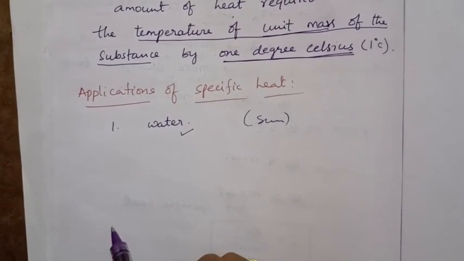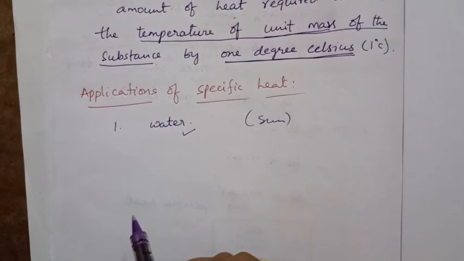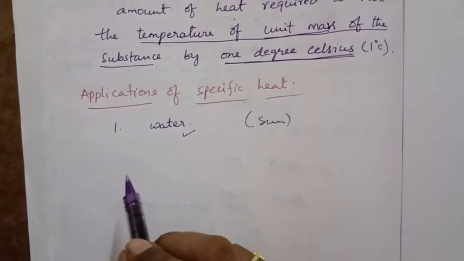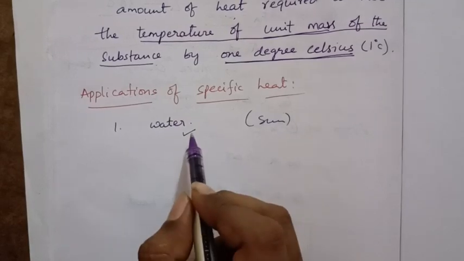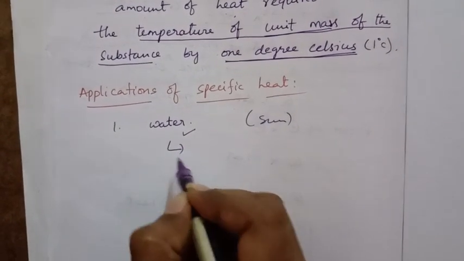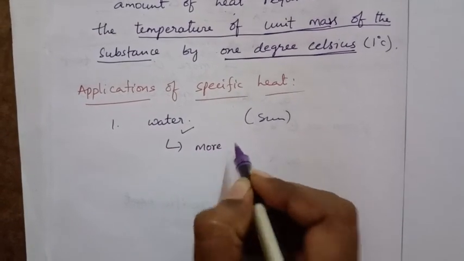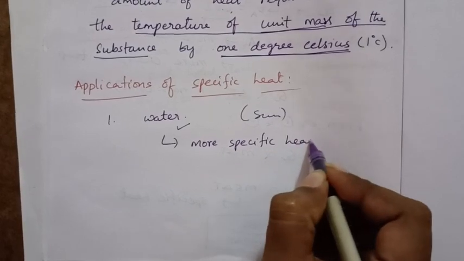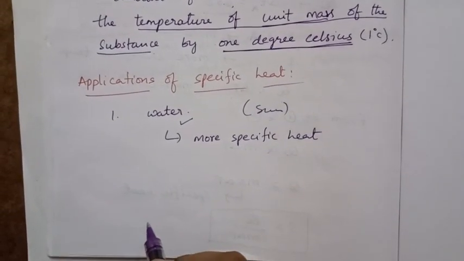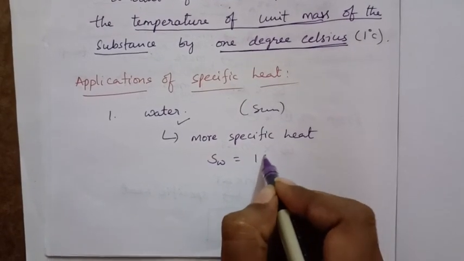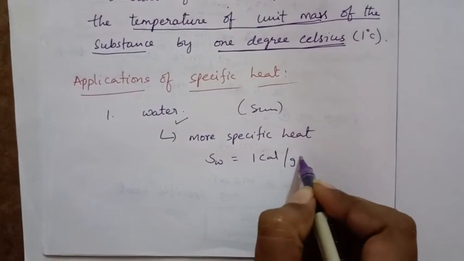As we saw in the previous activity, we gave the same amount of heat to water and oil, but the oil temperature rose while the water temperature did not, because water has more specific heat. The specific heat of water is 1 calorie per gram degree Celsius.